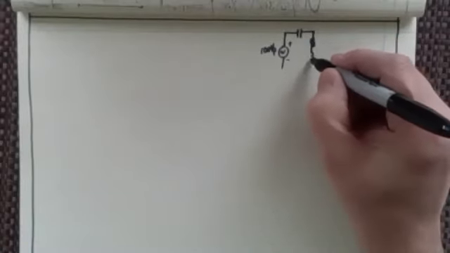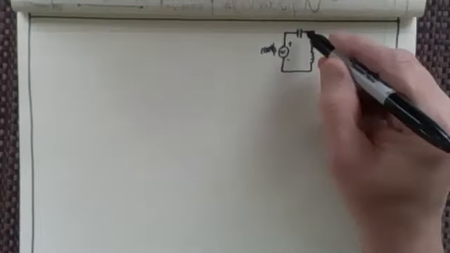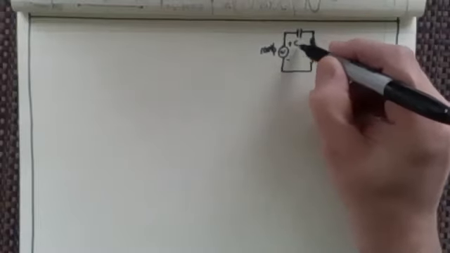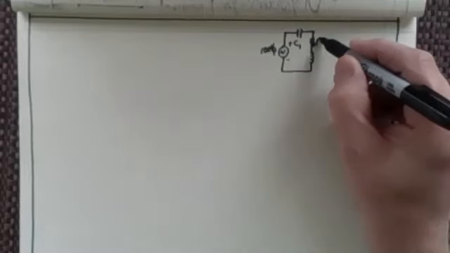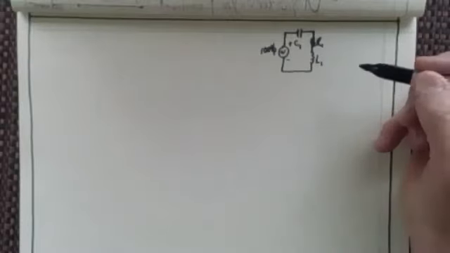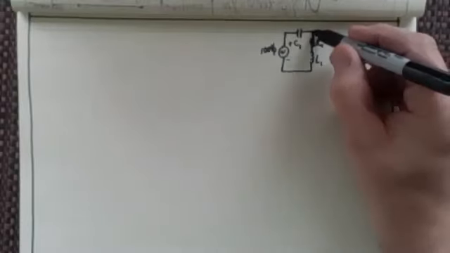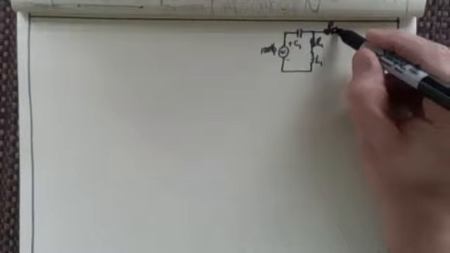This is going to be C1. This is going to be R1 and L1. I'll give you the values of those in just a minute. And then we've got R2. I hope you can see that. That's an R2.